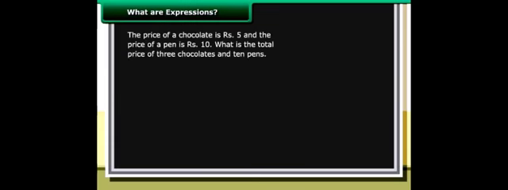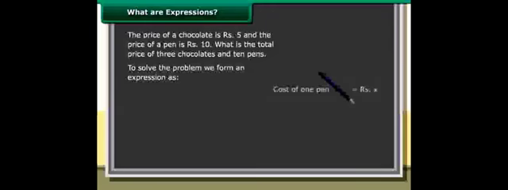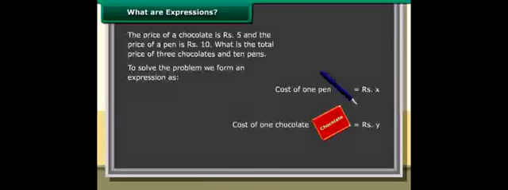What are expressions? The price of a chocolate is ₹5, and the price of a pen is ₹10. What is the total price of 3 chocolates and 10 pens? To solve this problem, we form an expression. Cost of 1 pen is equal to ₹X. Cost of 1 chocolate is equal to ₹Y.